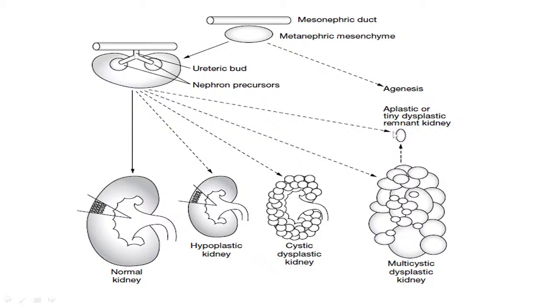Then that can be a small dysplastic remnant or a tiny aplastic kidney or complete renal agenesis, which can be unilateral, or if bilateral, not compatible with life. So, this is the complete spectrum of congenital abnormalities of the kidney and urinary tract. Among them, what we are going to cover today are these two entities in detail. Fair enough?